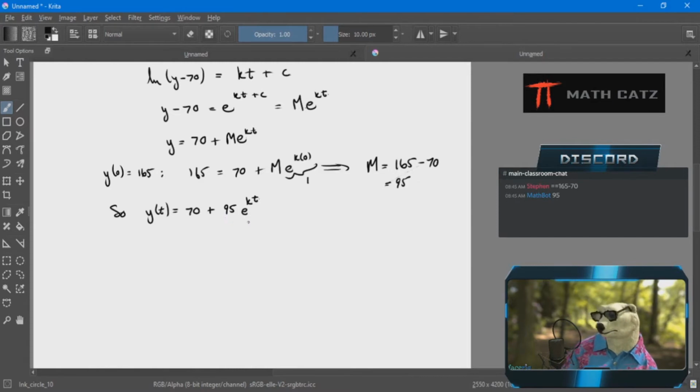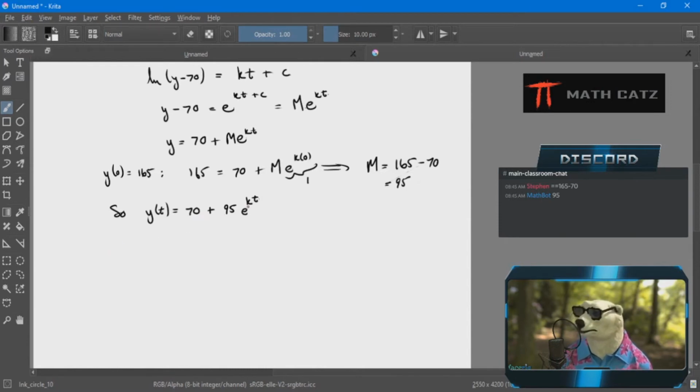Remember that regardless of whether the growth constant is a decay constant or positive or negative, e to the something is always going to be positive. But I'm really just having an exponentially scaled amount above 70. That is eventually going to get smaller, but I'm always going to be above 70. So let's have a look.